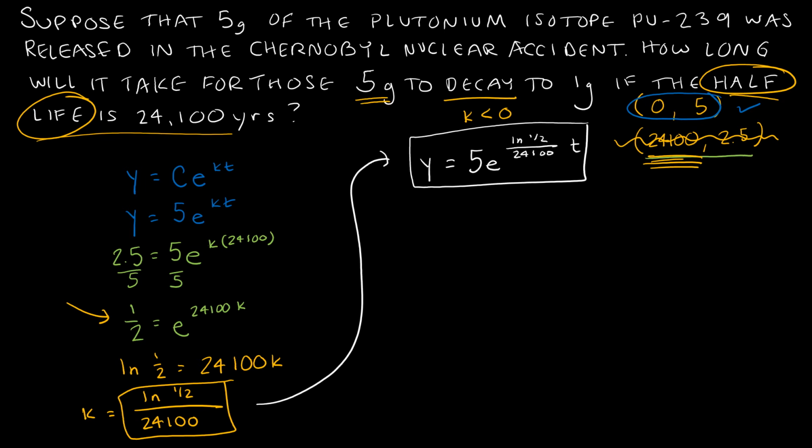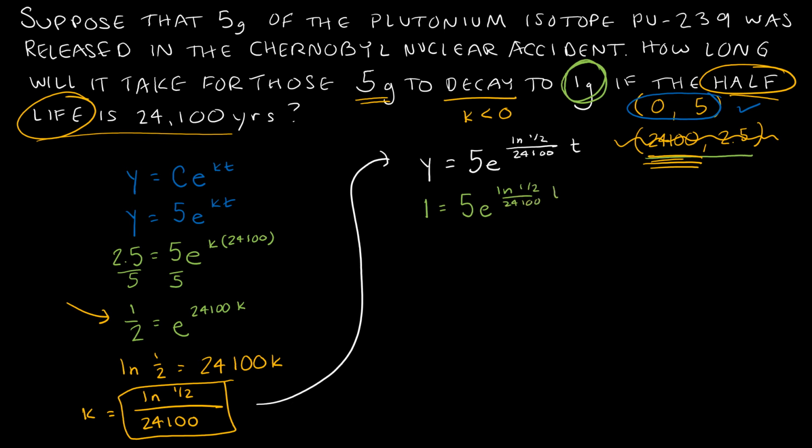But now I need to actually answer the question that says, how long will it take for those 5 grams to decay to 1 gram? So again, we're trying to find for 1 gram, which means I'm replacing y with 1. So I have 1 equals 5e to the natural log of 1/2 over 24,100t. I'm going to divide each side by 5, which gives me 1/5, or 0.2, is equal to e to the natural log of 1/2 over 24,100t.